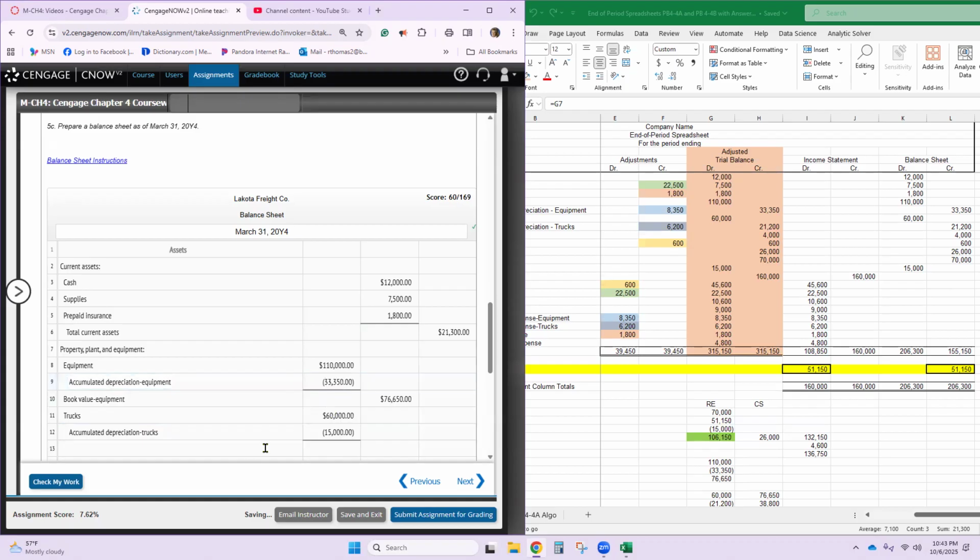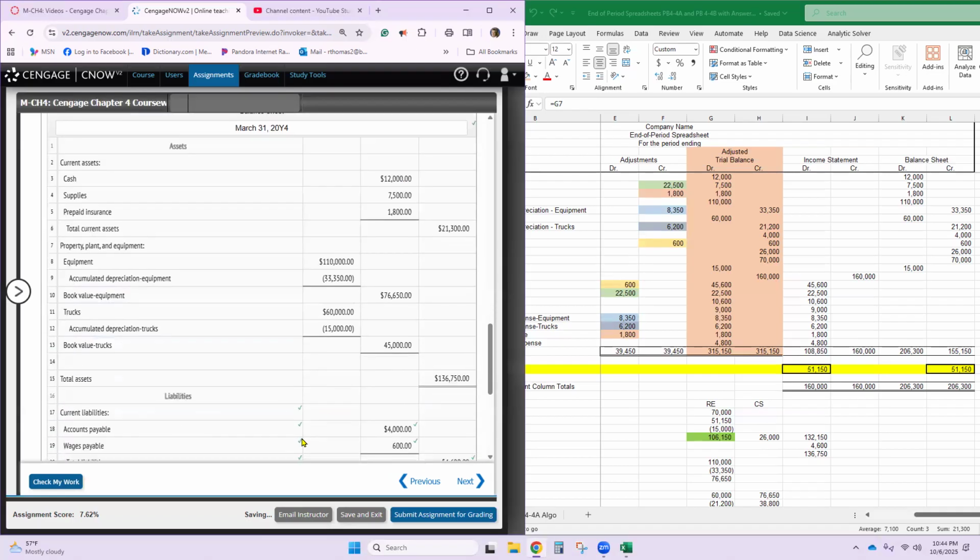Usually they want it to show that, and then book value trucks. This tells anybody who's looking at it how old the assets are. So they've expensed about a third of that equipment and about a fourth of the truck. So we've got 45,000 remaining there, and then the total property, plant, and equipment.